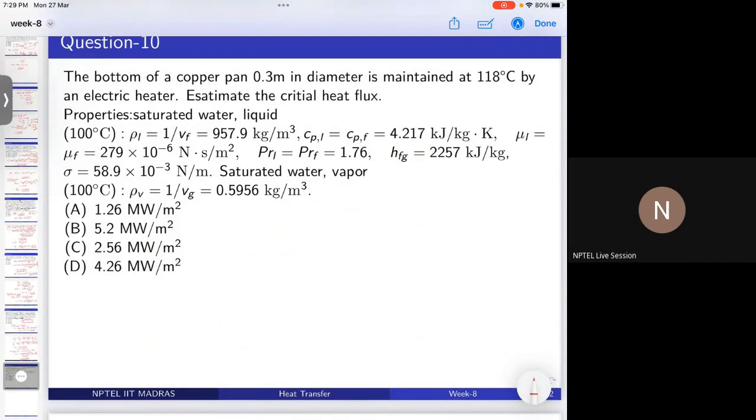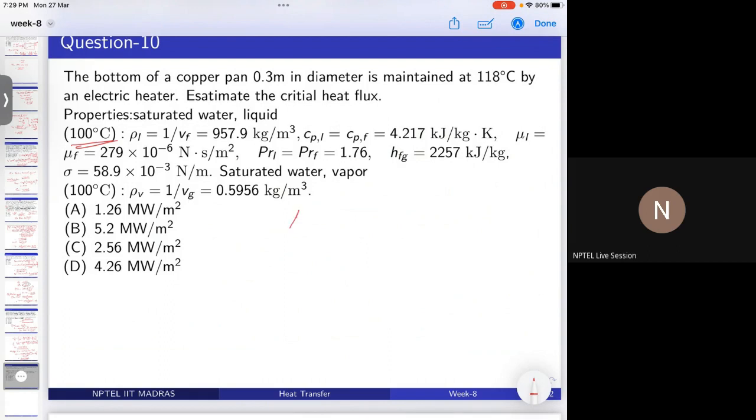Here we have the bottom of a copper pan, of diameter 0.3 meter, maintained at 118 degrees Celsius by an electric heater. Determine the critical heat flux in this situation. The saturation properties are also given. As it is a similar kind of question, I am just writing the answer. The saturation properties are at 100 degrees Celsius, so the water is boiling at 100 degrees Celsius.